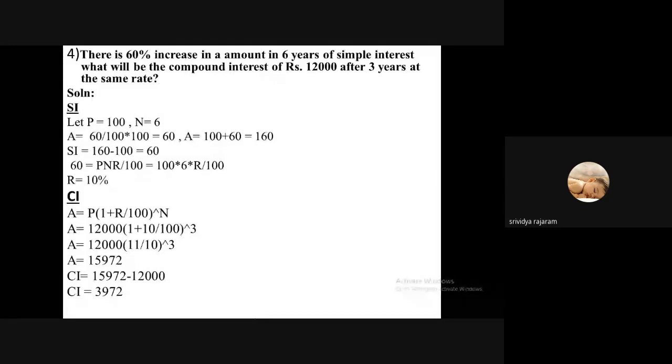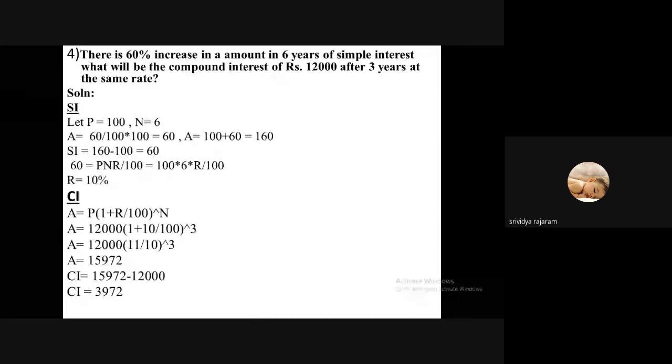There is a 60% increase in an amount in 6 years of simple interest. What will be the compound interest of rupees 12,000 after 3 years at the same rate? So far we have dealt with simple interest separately and compound interest separately. But in this question, there is a combination of both. Let us see how to calculate such a problem.